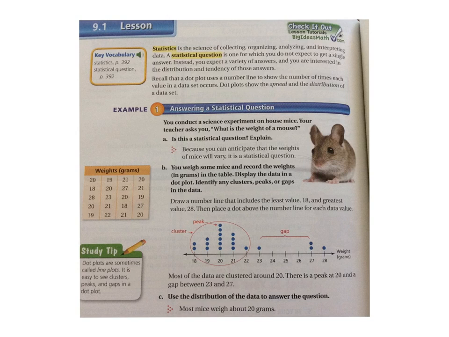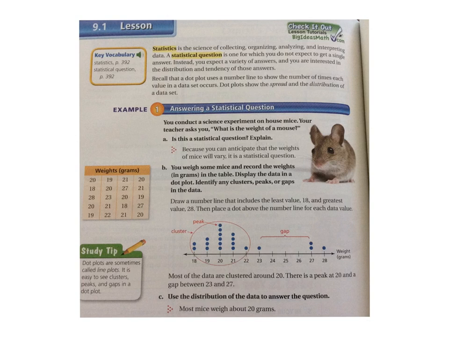When you ask a question and you know you're going to get various answers, that's a statistical question. Some mice might weigh 18 grams, or some mice might weigh 24 grams, or 28 or 29 grams. All mice, just like all other animals and creatures, are going to be different sizes. That makes it a statistical question.